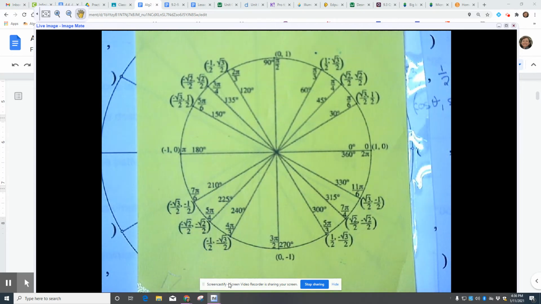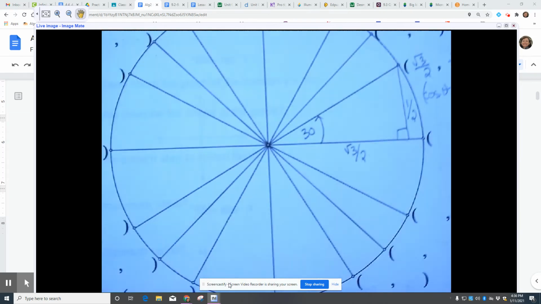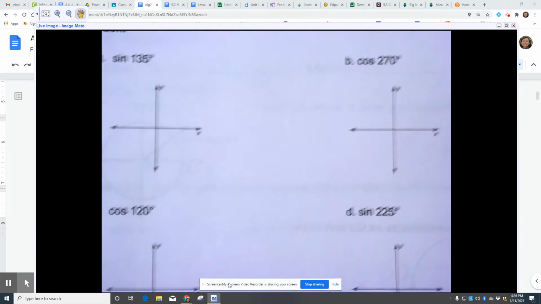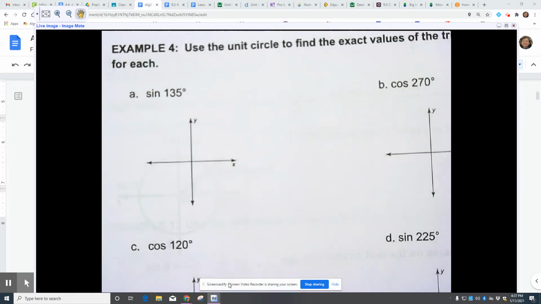This is all over the internet, but again, you could pause the video right here and go ahead and fill in your unit circle. And then I am going to have you turn the page, and I'm going to show you how we use the unit circle to find some of these angles.